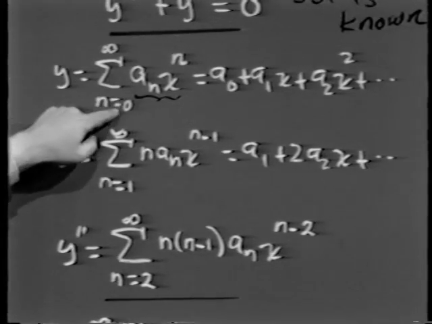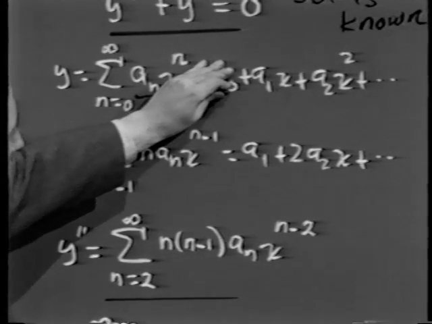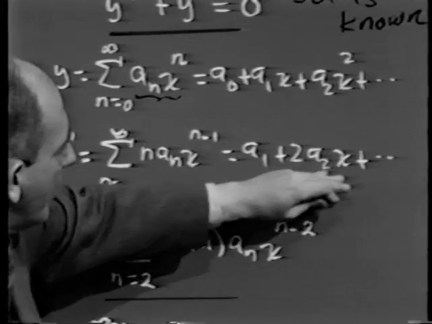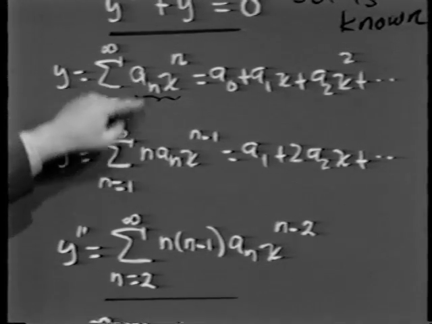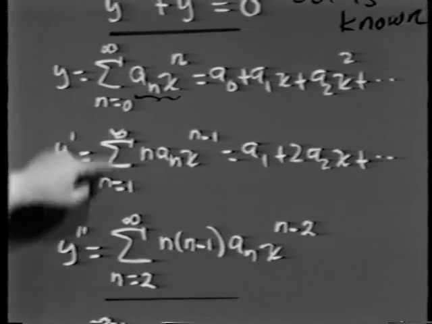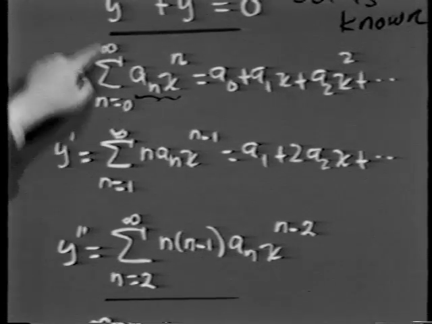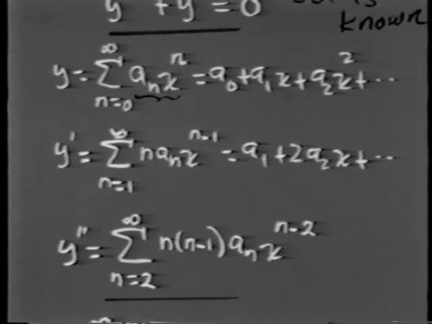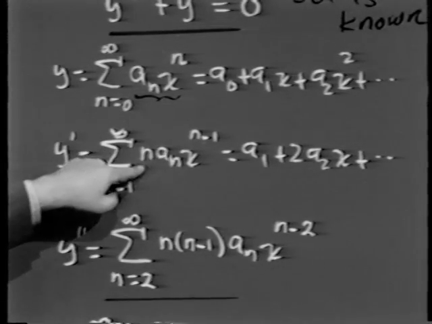Notice that every time you differentiate, a term drops out. Like when I differentiate this, the a0 term drops out. When I differentiate this, the a1 term drops out. So what I do is I differentiate the general expression inside the sigma sign, and then start the index of summation 1 up further. In other words, instead of going from 0 to infinity, I now go from 1 to infinity. In a similar way, y double prime, I differentiate this term by term.